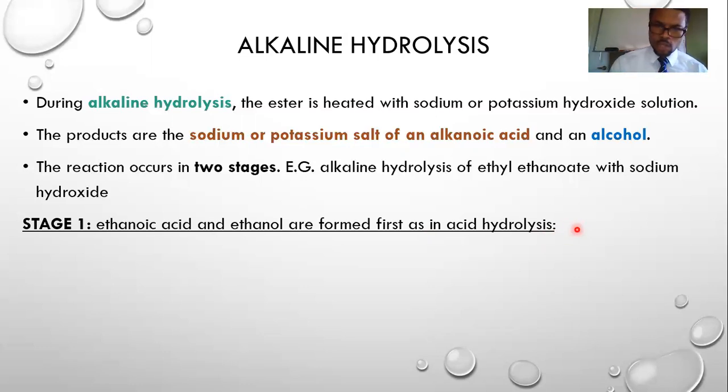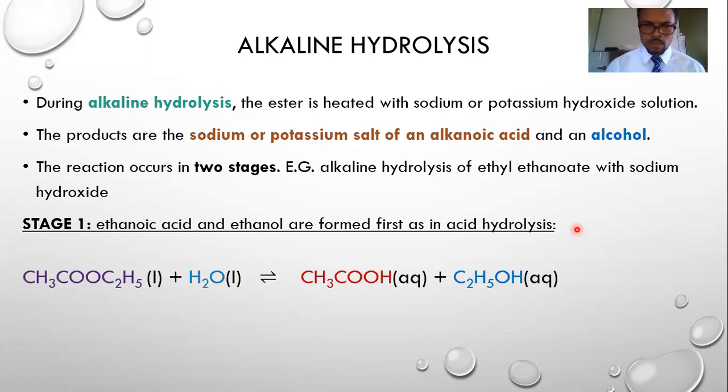In this reaction it goes in steps. The first thing that needs to occur is that the ester must break apart into its original substituents, the alcohol and the acid. That's the first part of the reaction.